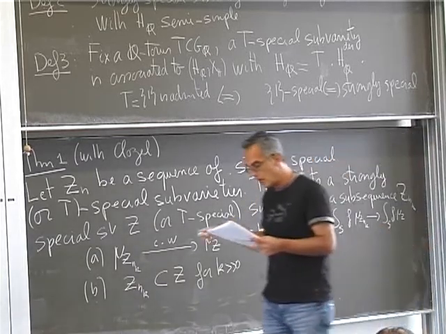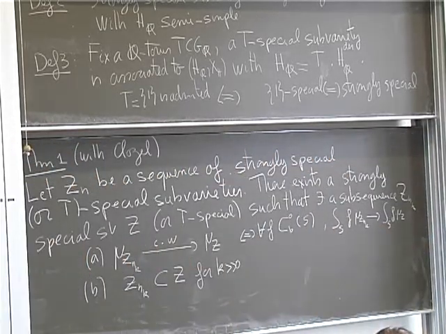Okay. So I will come back to explain more about the proof of this theorem later, but I will try to explain more of the strategy of the proof of the Andre-Oort conjecture.